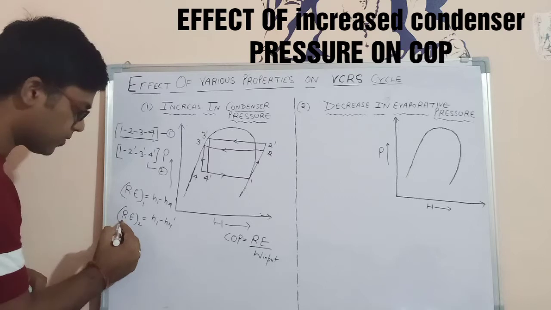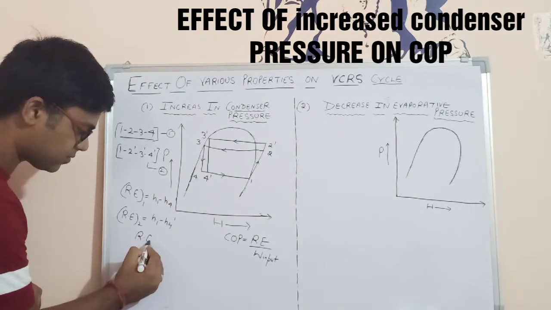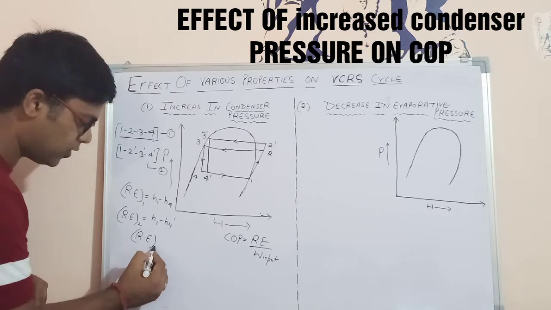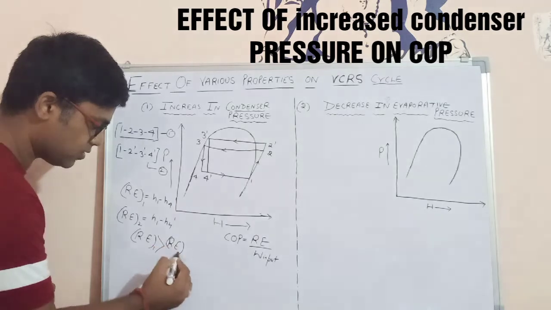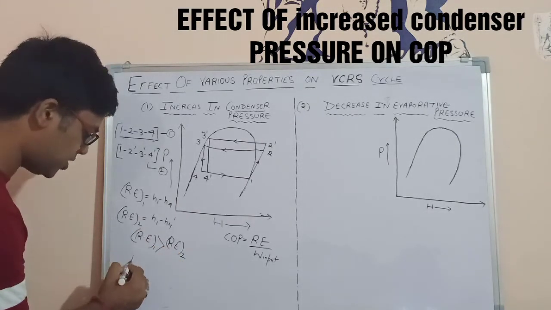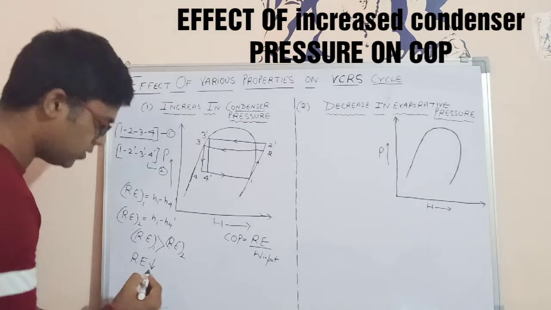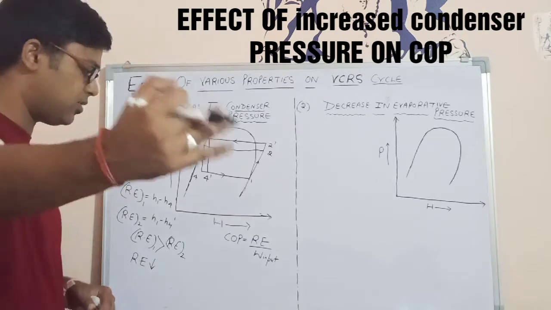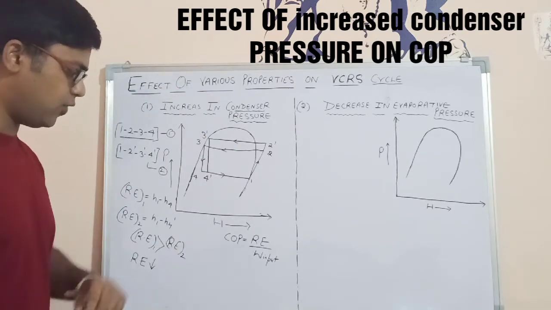So we can say that the refrigeration effect produced by case 1 will be more compared to that produced by case 2. In simple words, the refrigeration effect will decrease because of the increase in condenser pressure. Clear? Secondly, what is the value of the work input?